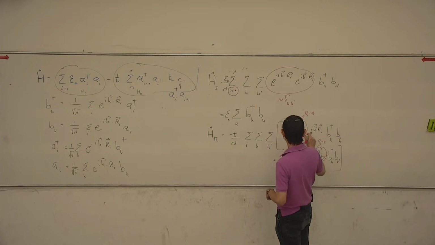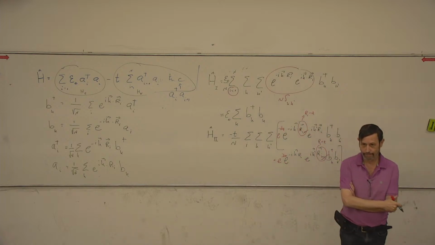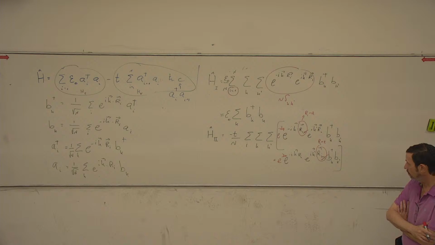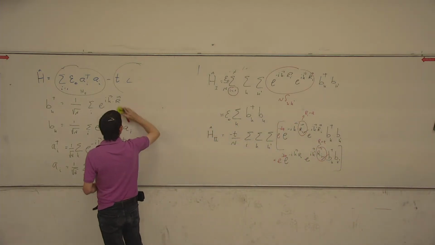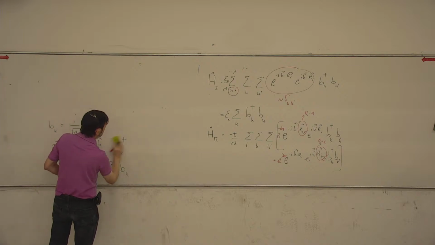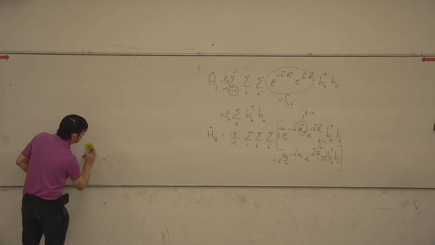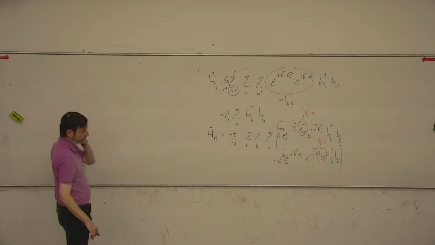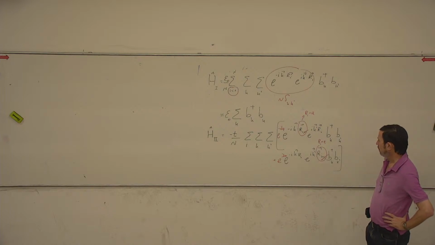And here remove the plus 1 and put here e to the minus iKA.